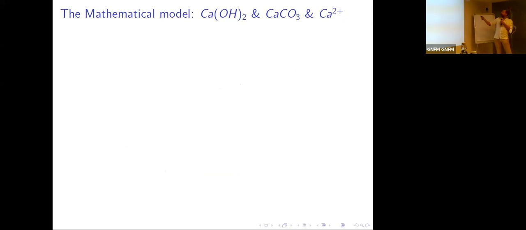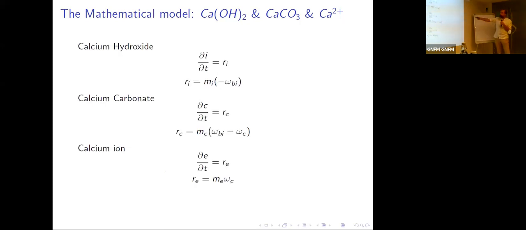Now, the last three equations are more simple because we assume that they are not transported nor diffused in water and are only given by reactions. So we have three ODEs. Of course, they vary in space because of their dependence on carbonate and also carbon dioxide.